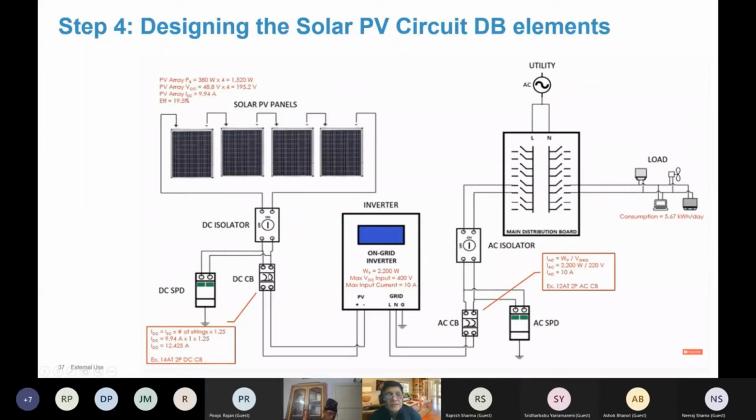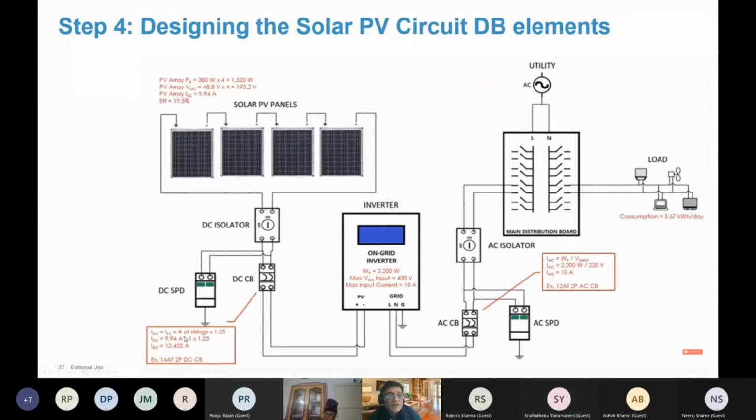And how do you calculate the DC circuit breaker rating? You know your current rating from the module is 9.94 ampere, and there is only one string. If there are multiple strings, the current will add up. So you take your ISC, multiply it by the number of strings, and then multiply it by 25% more as your protection limit.